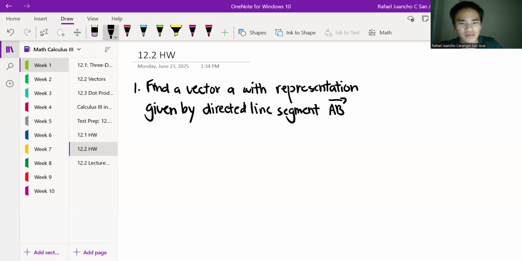Okay, so our A is the ordered pair -1, 2, and our B is the point 2, 5.